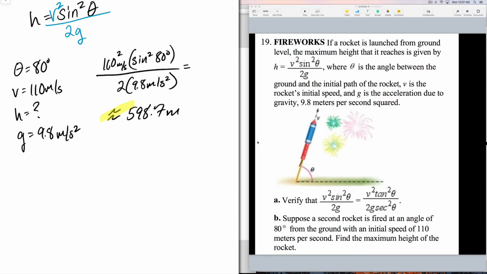And this is my approximate height. So at 80 degrees from the ground, and with the initial speed of 110 meters per second, my rocket will go a maximum height of roughly 598, 600 meters.